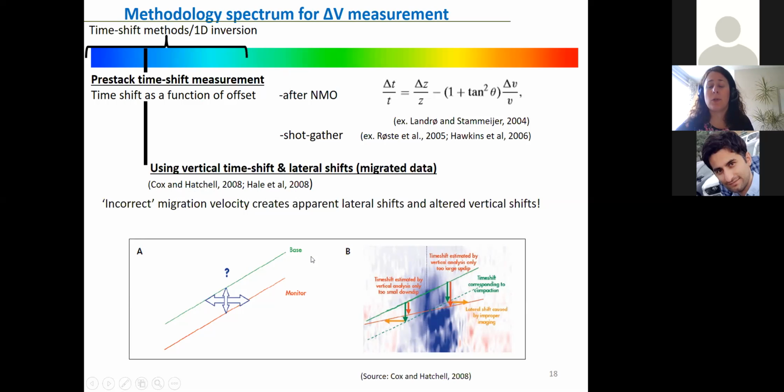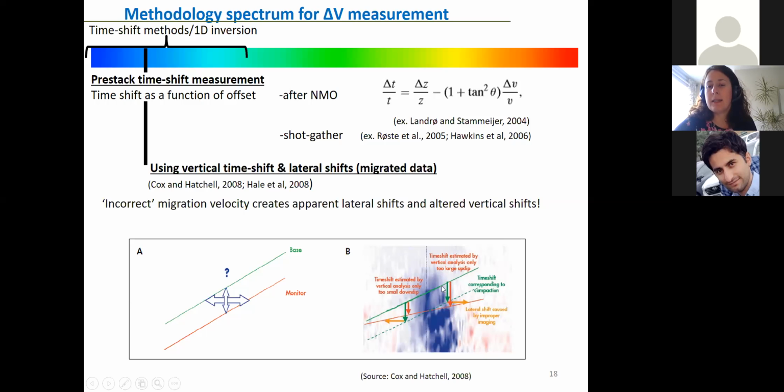What they understood was that if you are using the incorrect migration velocity, by incorrect, I mean if you're using V baseline to migrate the monitor surveys, what you're going to get is apparent lateral shifts and altered vertical shifts. So they understood that there is this interchangeability between vertical shifts and lateral shifts.